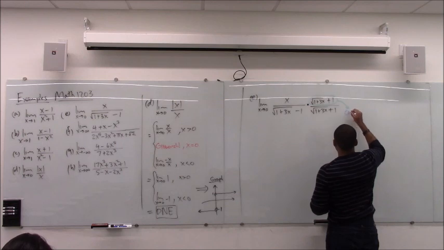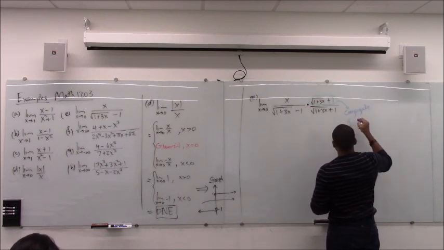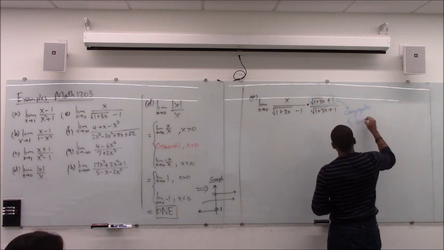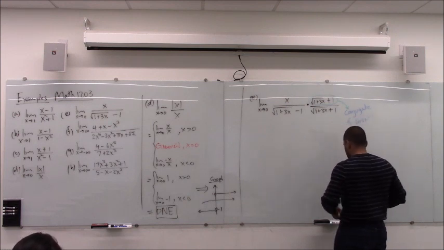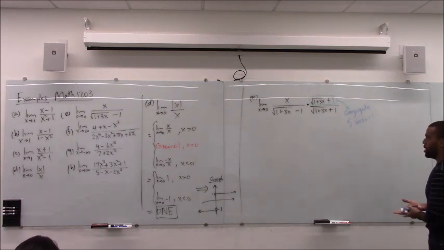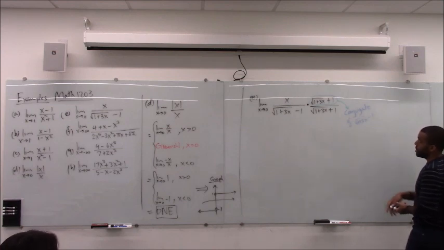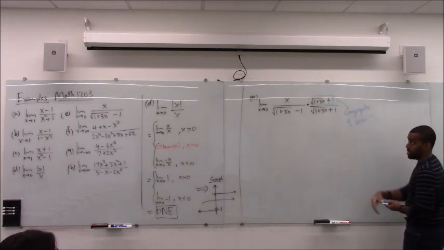It's called a conjugate. So this is the conjugate of the radical 1 plus 3x minus 1. You want to rationalize here because you can't plug in, so we want to simplify. How do you simplify that? Multiply and divide by the conjugate. That way you're multiplying and dividing by 1, so you're not changing the value.